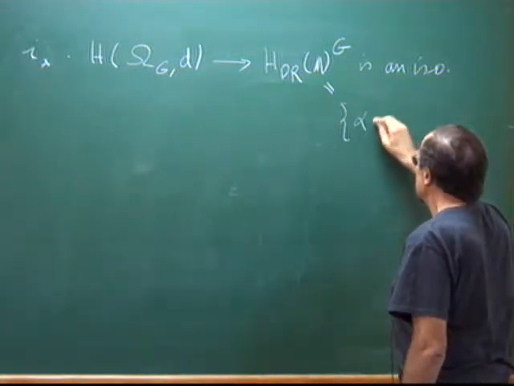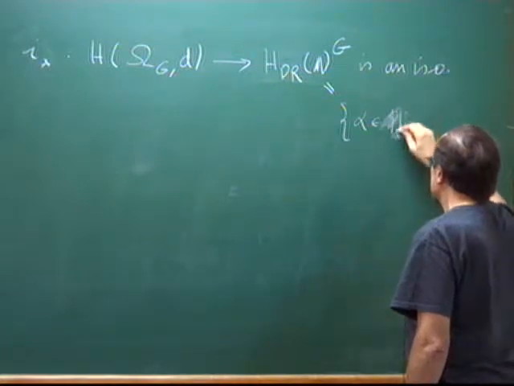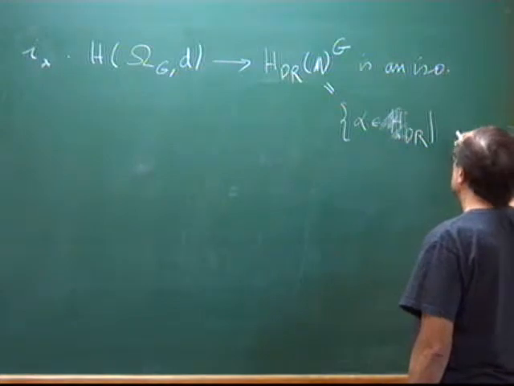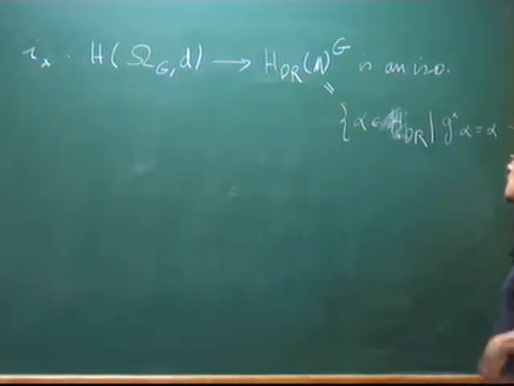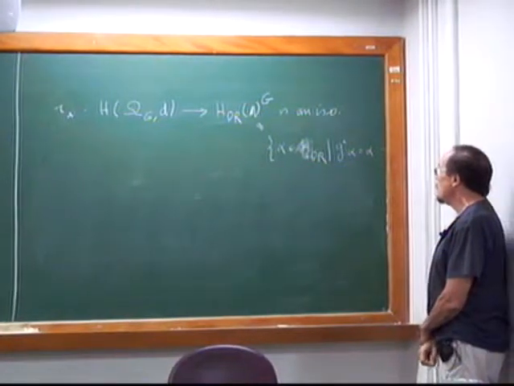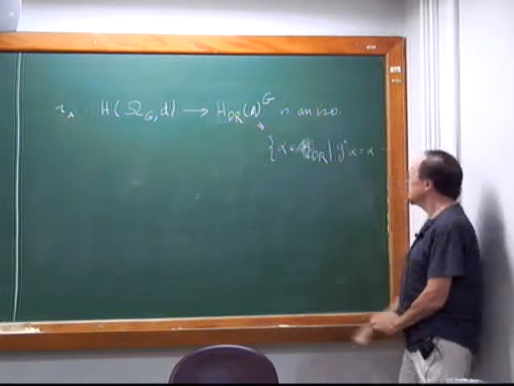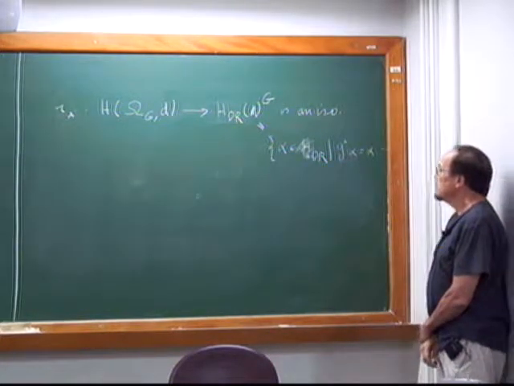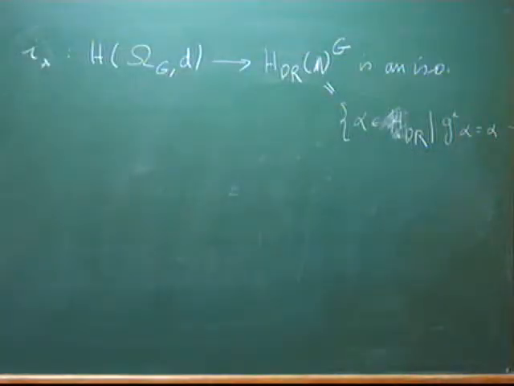So the de Rham cohomology classes alpha such that g star alpha is equal to alpha. Right, each diffeomorphism on a manifold induces something in the de Rham cohomology. Okay, and in that sense, the cohomology class should be preserved. So the cohomology of G invariant forms becomes just the cohomology classes which are G invariant. Okay, so let's prove this.